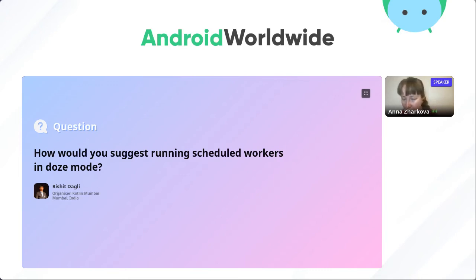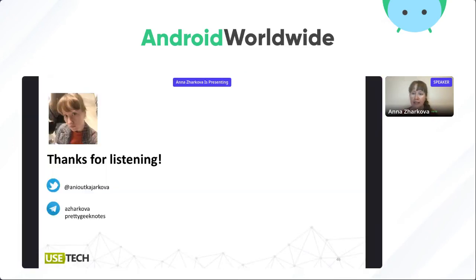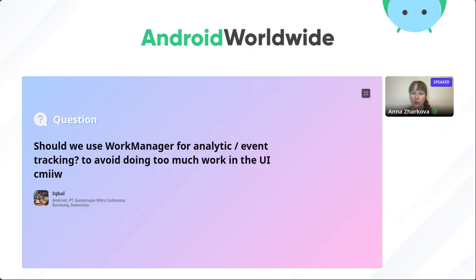Should we use WorkManager for analytics event tracking to avoid doing too much work in the UI? I don't think so. You know that we need to use analytics and event tracking in case we specify an exact event. So, for example, you have sent your request, and in this case, you need to specify it.